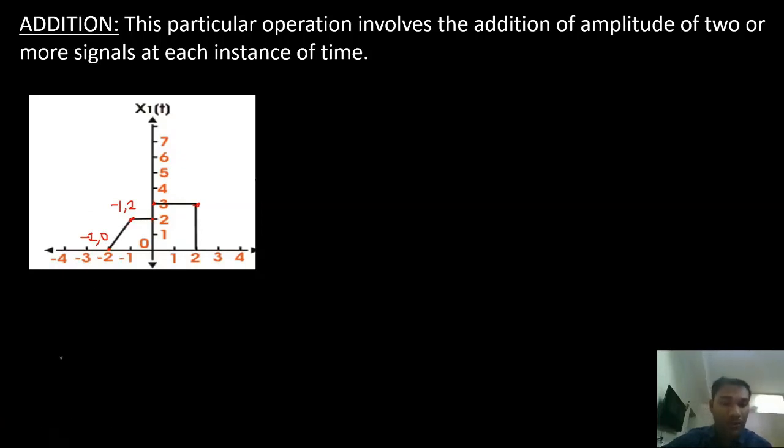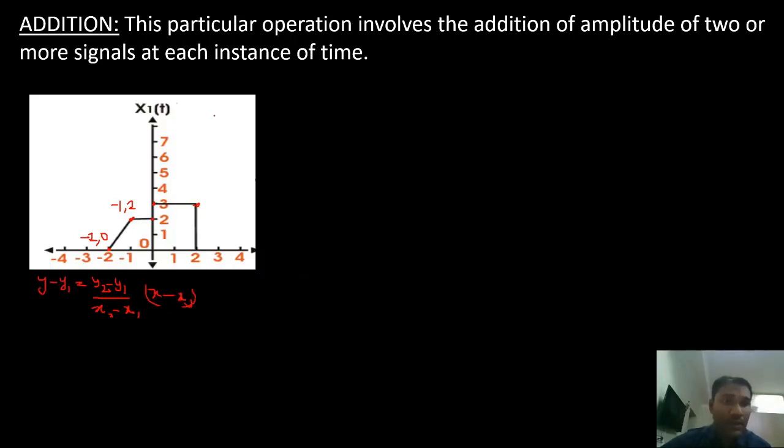What is the 2-point formula for a line? y minus y1 is equal to (y2 minus y1) divided by (x2 minus x1) into (x minus x1).